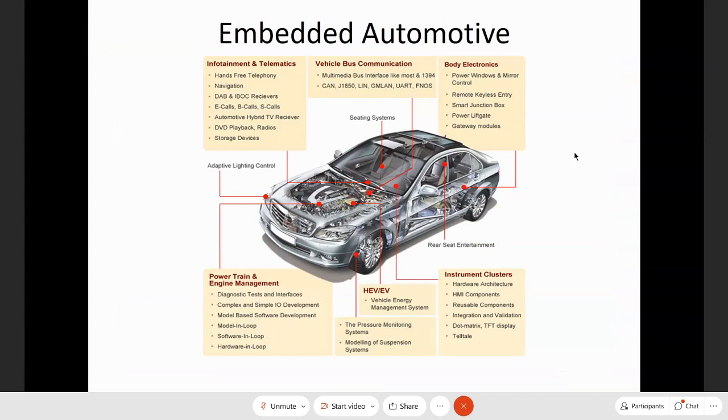the MCU. What is MCU? Anybody knows about MCU? Please say something. Microcontroller unit. Somebody says microcontroller unit. Microcontroller one word, microcontroller two words, there's no difference.